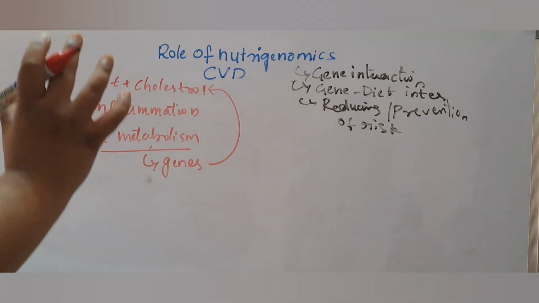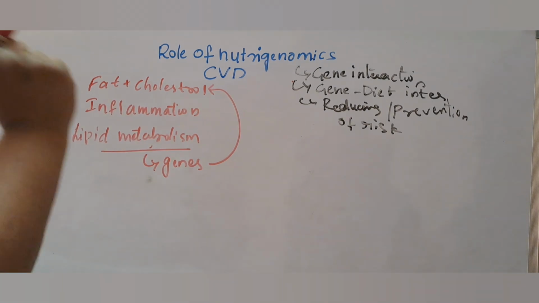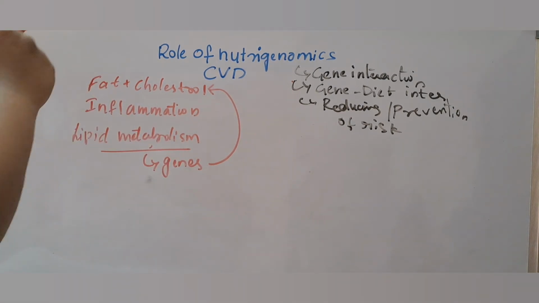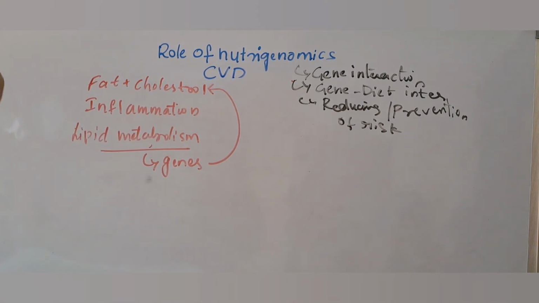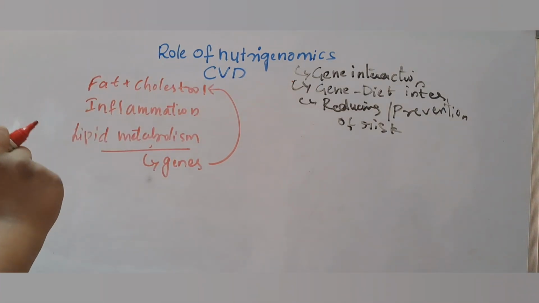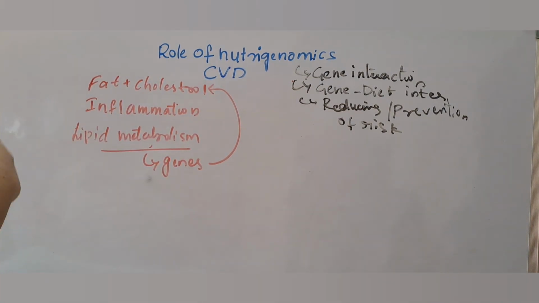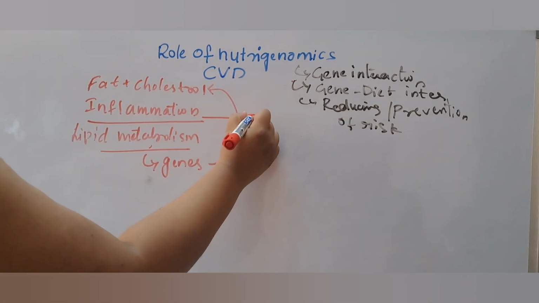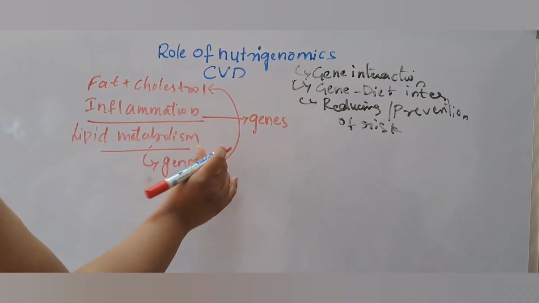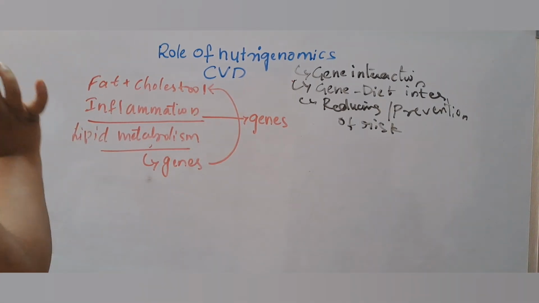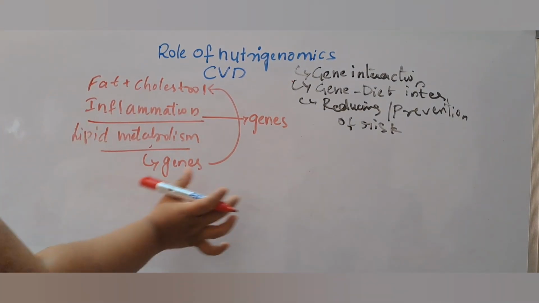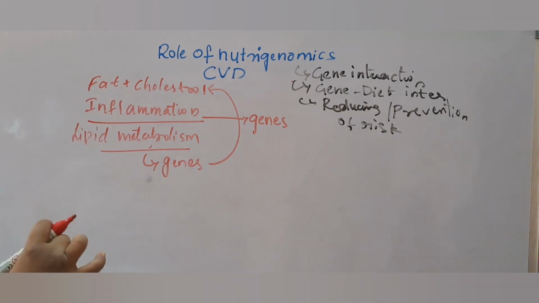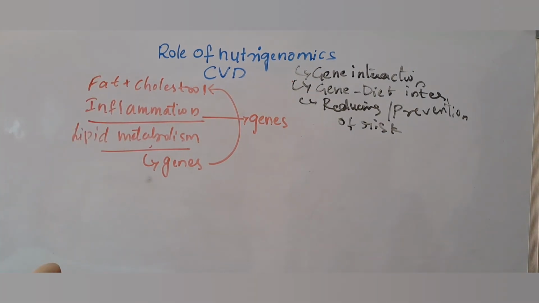And there are also some genetic pathways linked with inflammation, which is a key factor for CVD. There are some genes which help to identify the inflammation and also influence the pathway to reduce the inflammation.